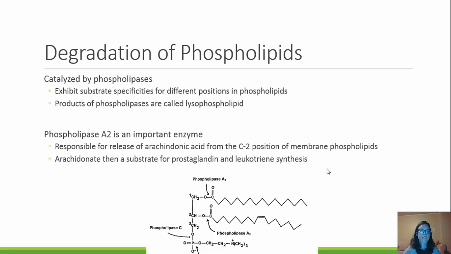And the products of phospholipases are called lysophospholipids. One of the most important phospholipases is phospholipase A2, which is responsible for the release, right here, of arachidonic acid from the C2 position of phospholipids. This frees the arachidonic acid, which serves as a precursor for other important molecules such as prostaglandins and leukotrienes.